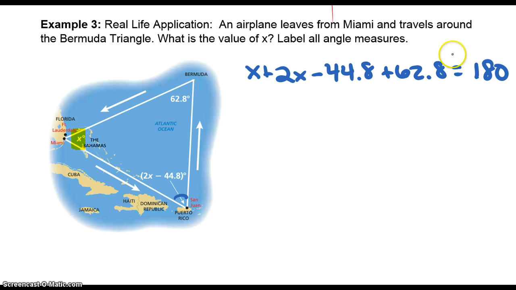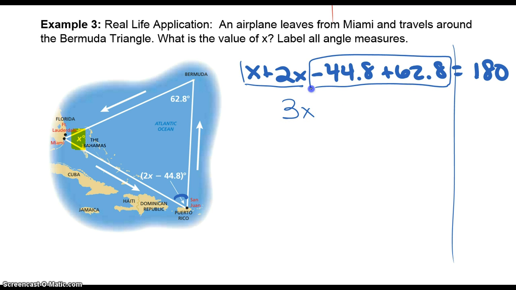So at this point, here's my equal sign. I clean up. This is 1x plus 2x, which is 3x. Take negative 44.8 plus 62.8. They're different signs, so I subtract them, and I get plus 18 equals 180. At this point, you have a two-step equation.